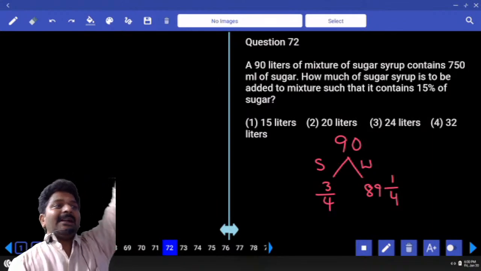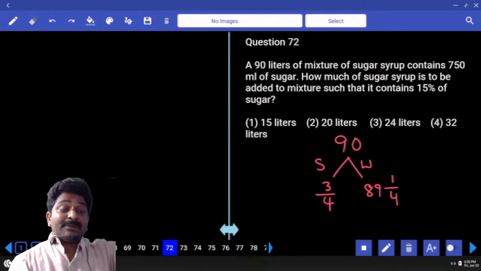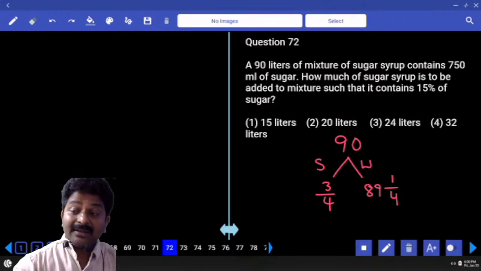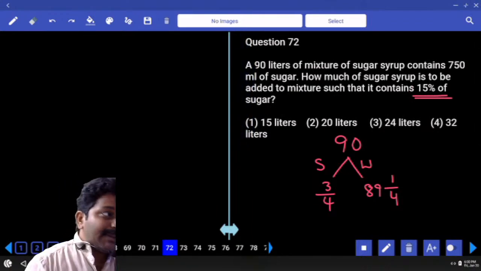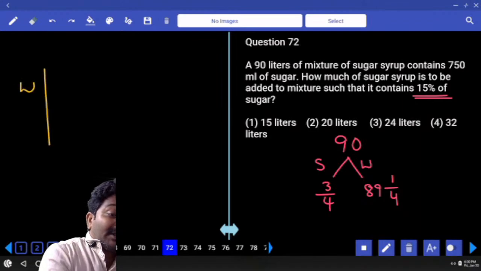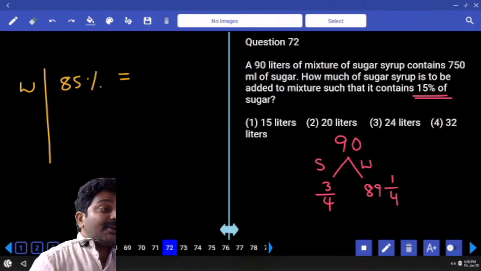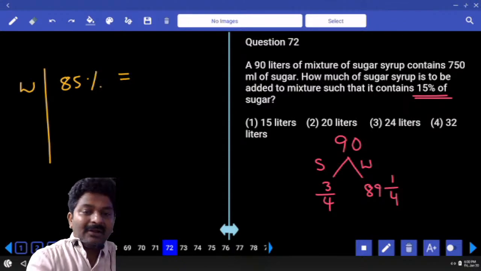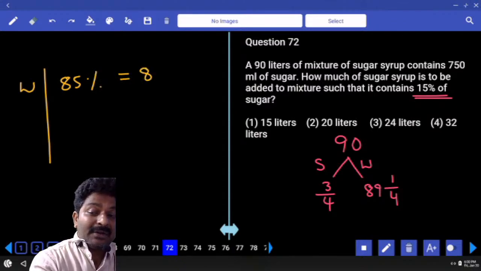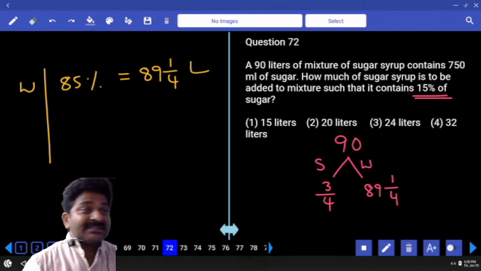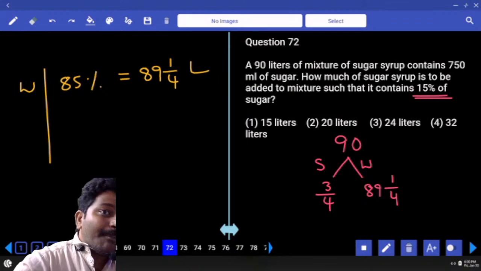In the final container, sugar percentage must be 15%. Then what is the water component? Water component must be 85%. Because you are not changing the water, whatever component you have, which is 89 1/4 liters, the same component will be there even in the final mixture.